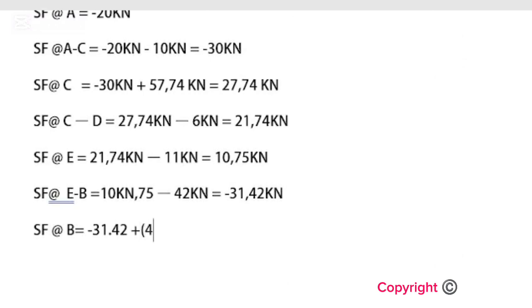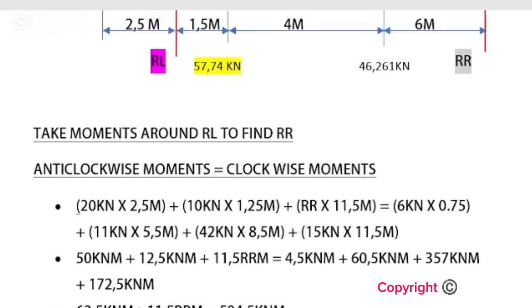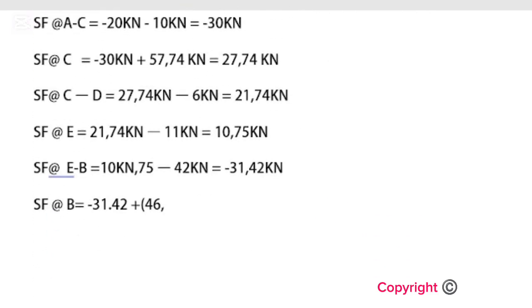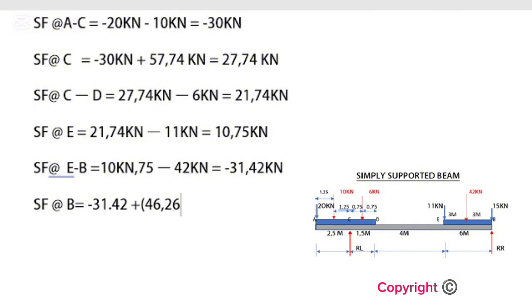We can do it like this: 46.261 minus 15 equals to 0.